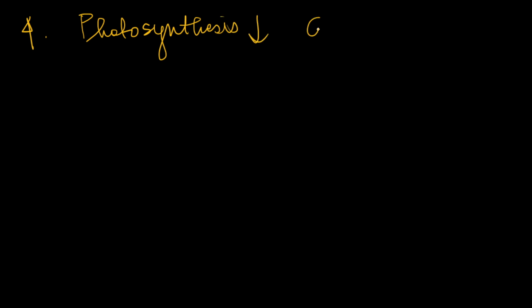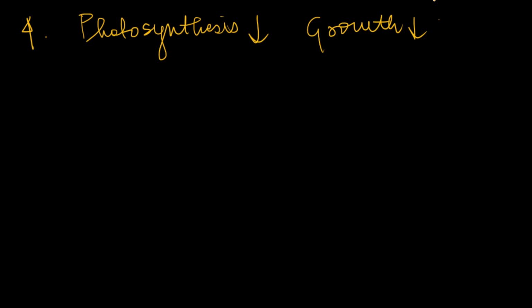Next, obviously the photosynthesis of the plant will be reduced. Photosynthesis is reduced, growth is reduced, because obviously here we will see water stress conditions. Due to anaerobic conditions, or less soil aeration in the root zone, the root will not be able to absorb a good amount of water.